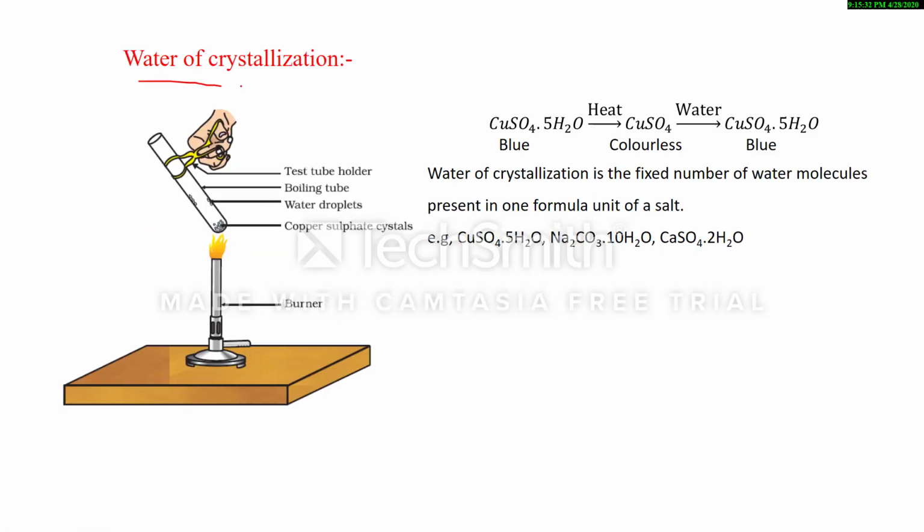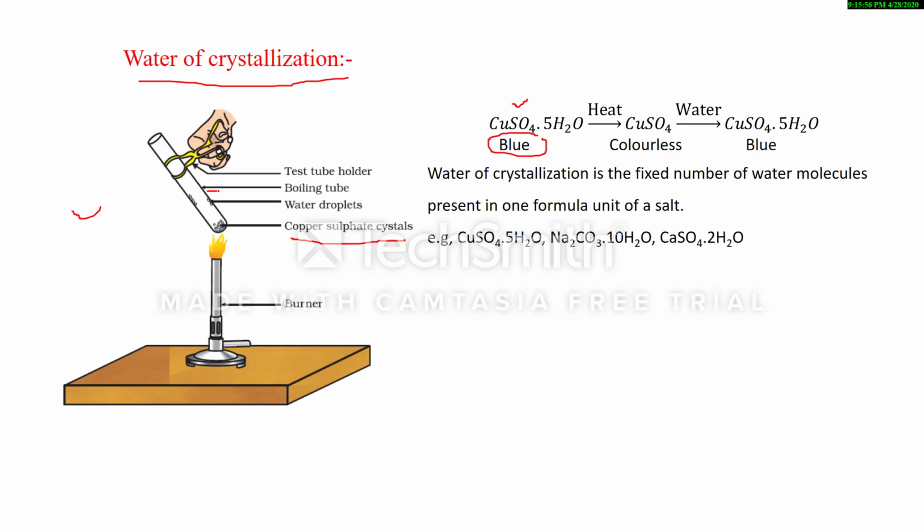Next one is water of crystallization. First of all, see this setup. In one test tube, we are taking copper sulfate crystals. Actually, copper sulfate crystals are blue in color, and their formula is CuSO4·5H2O. Clear? This is a boiling tube, a test tube used for boiling purposes.